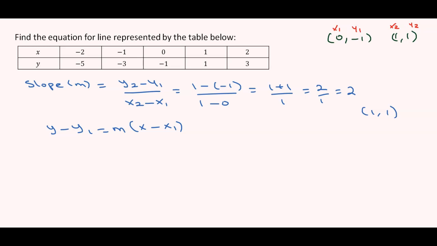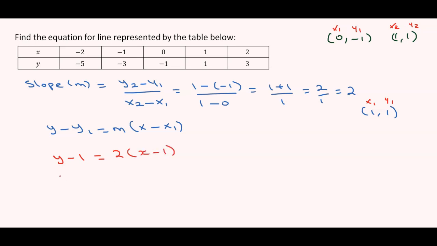Let's label the point. We have x1, y1. So our equation, let's substitute our values. y minus 1 equal to slope, which is 2, and then we have x minus 1.